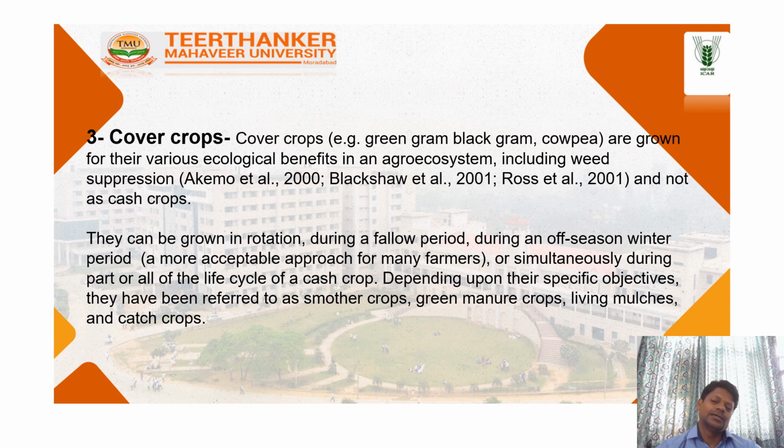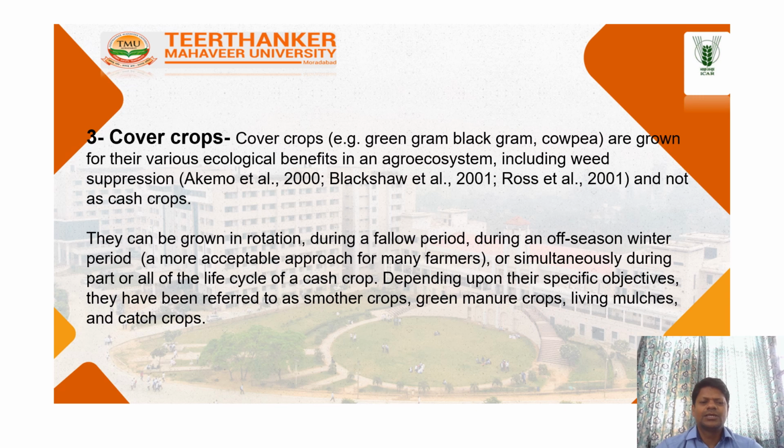Next, cover crops. Cover crops, for example green gram, black gram and cowpea, are grown for their various ecological benefits in an agroecosystem, including weed suppression, and not as a cash crop. These can be grown in rotation during the fallow period, during an off-season winter period.